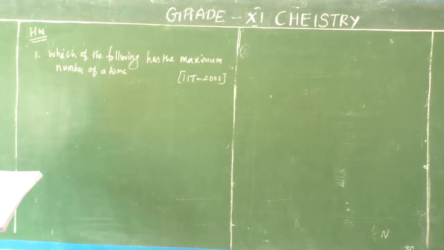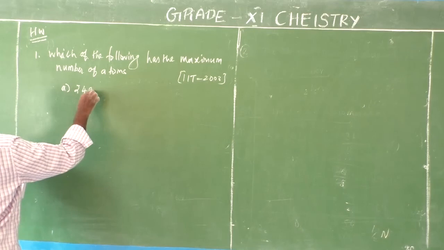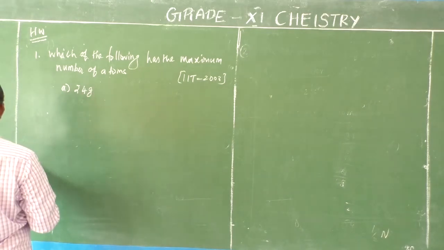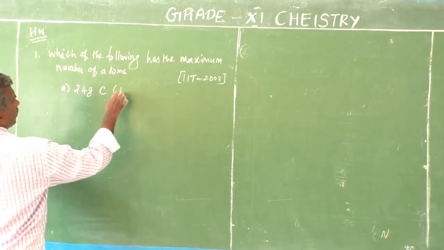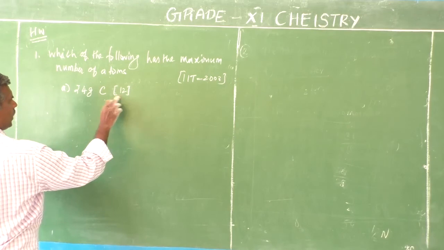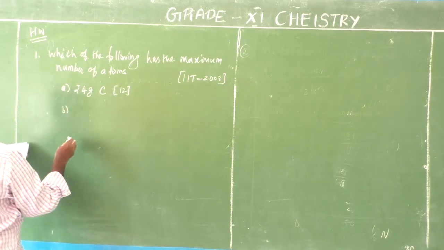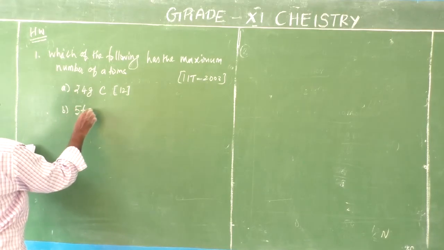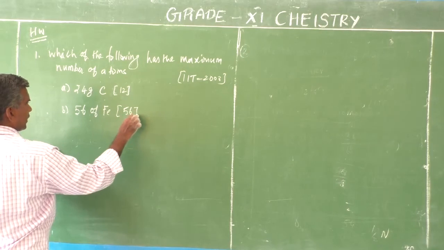Option A: 24 gram carbon, atomic mass of carbon is 12. Option B: 56 gram of iron, atomic mass of iron 56.